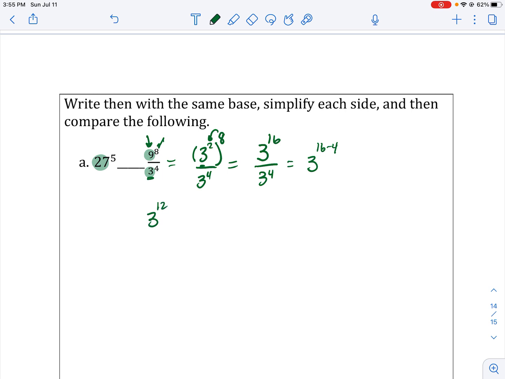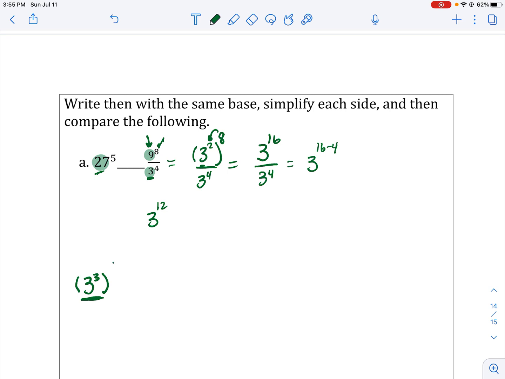That's on the right. Now let's go to the left where there's 27. So I know 3 squared is 9. Again, I want to rewrite 27 to have a base of 3. 3 squared is not going to work because that equals 9. But 3 to the 3rd power is 27. So 3 to the 3rd power is a fancy way of writing 27.